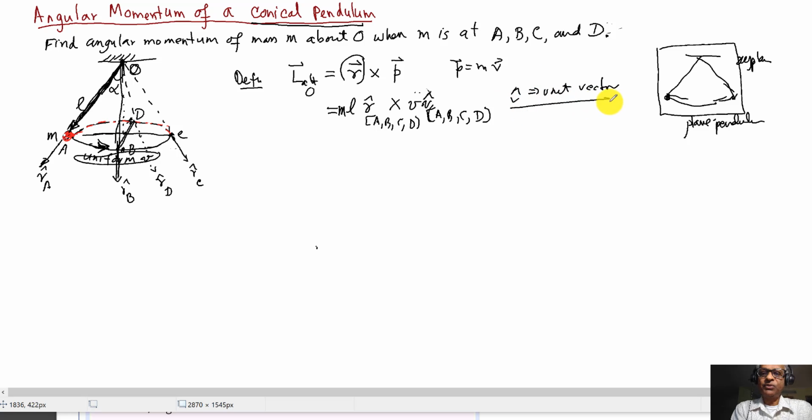And I find it much more useful to think in terms of unit vectors. If you're uncomfortable using unit vectors, you may have to practice more and get used to them. What is a unit vector? It's a way of telling direction.